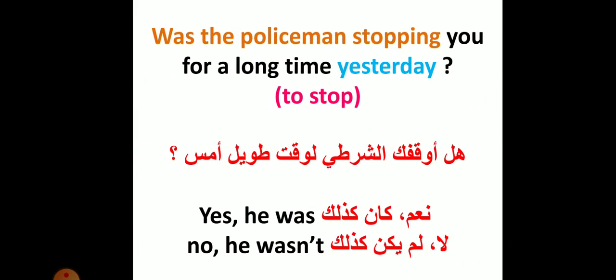Let's see the example here. Here we have the interrogative sentence. Was the policeman stopping you for a long time yesterday? Verb to stop in the past continuous. Or was he stopping you for a long time yesterday? The answers, yes, he was. No, he wasn't.